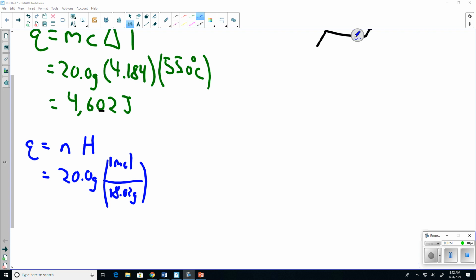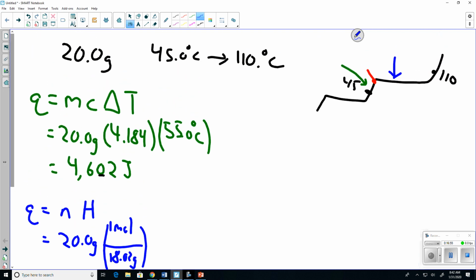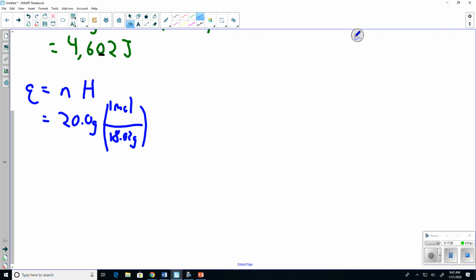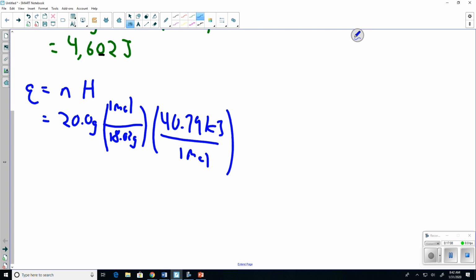So, grams to moles, now I can plug in, since this is the second plateau, the heat of vaporization value, which is 40.79 kilojoules per 1 mole. That would get me, with 3 sig digs again, 45.3 kilojoules.